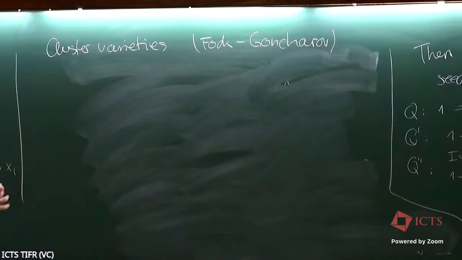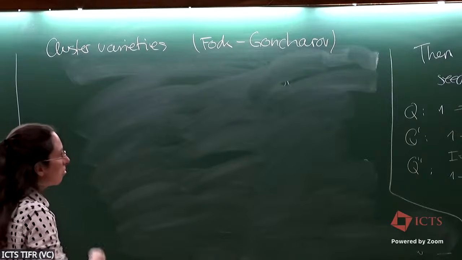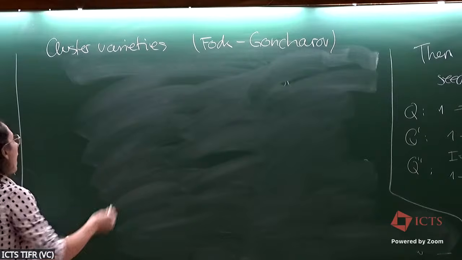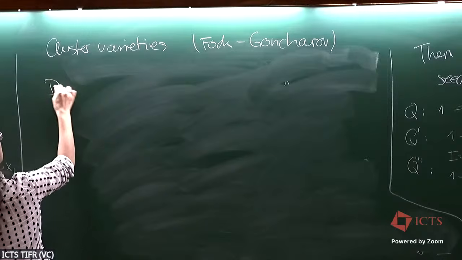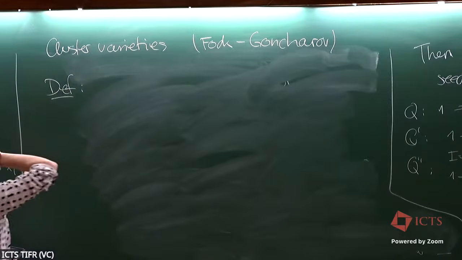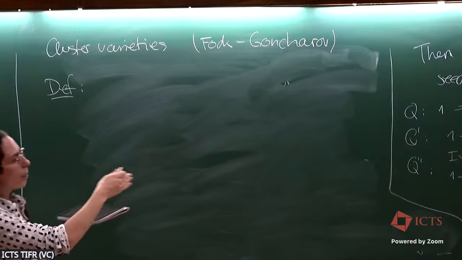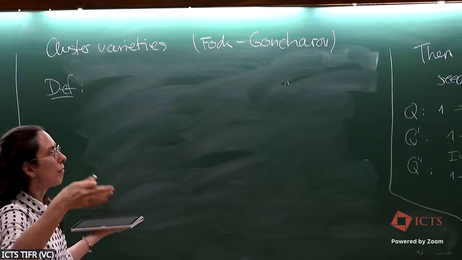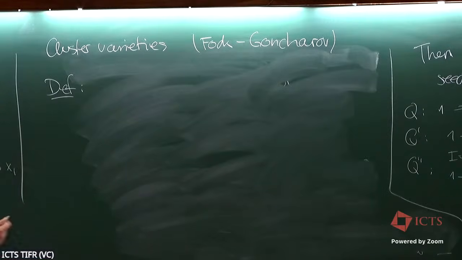The idea is, instead of constructing an algebra, I want to construct a space. I have a cluster pattern, and instead of going in the algebra direction, I want to go in the geometry direction. What I do for that is, I don't associate a tuple of variables in some field, but I associate an algebraic torus to every seed.